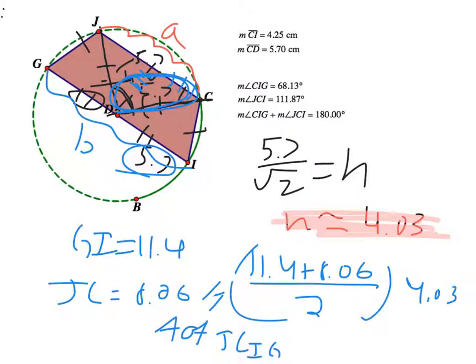And now when you plug this into your calculator, you get 62.19. So this is equal, is approximately, 39.21.